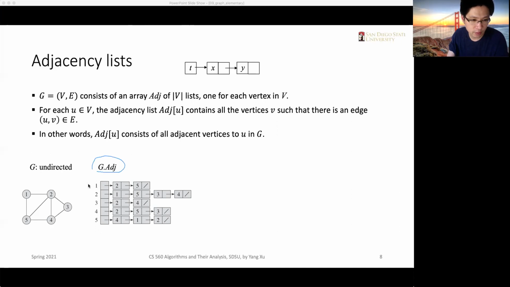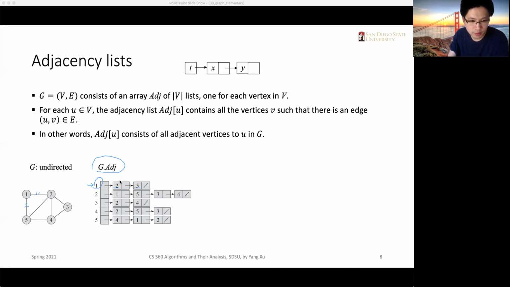The first one is the adjacency list for vertex 1. Since we know that 1 connects to 2 and 1 also connects to 5, there are 2 edges. So this list has 2 and 5 in it.